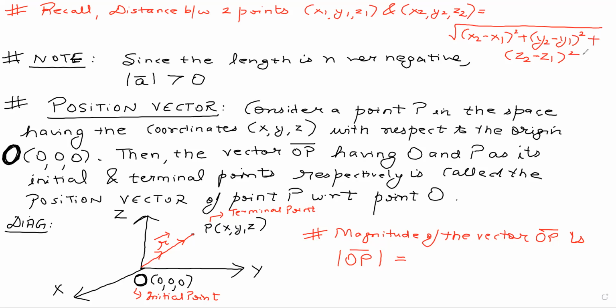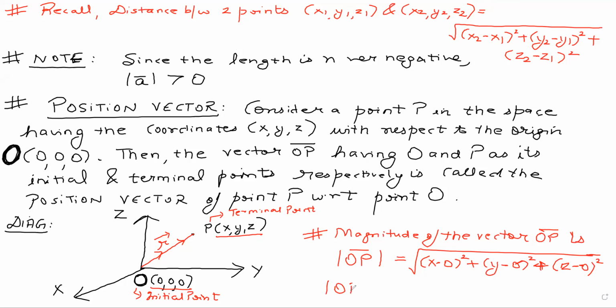Now guys, the distance between x comma y comma z and 0 comma 0 comma 0 will be x minus 0 square plus y minus 0 square plus z minus 0 square.